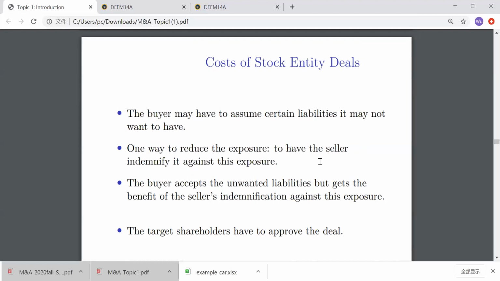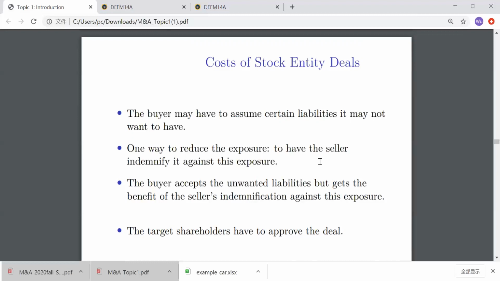So what does indemnity mean? Indemnity basically means that it is the contractual obligation of the target firm, in our case here, to compensate the loss incurred by the buyer due to the acts of the indemnitor or any other party, right? For example, the target has a liability, and the value of this liability will change if a third party does something.